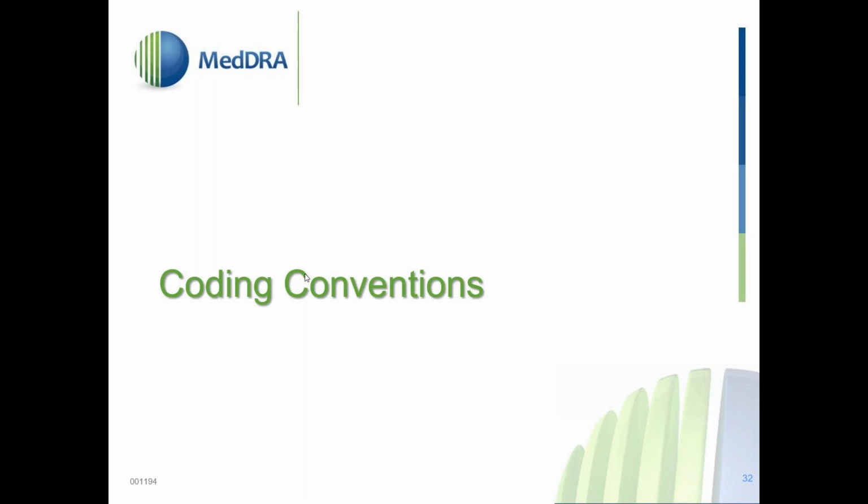We have this multi-axiality for data presentation and data analysis purposes, and data analysis and data presentation always use the PT level. So that's why it was decided to start the multi-axiality on PT level. I hope this has answered your question.